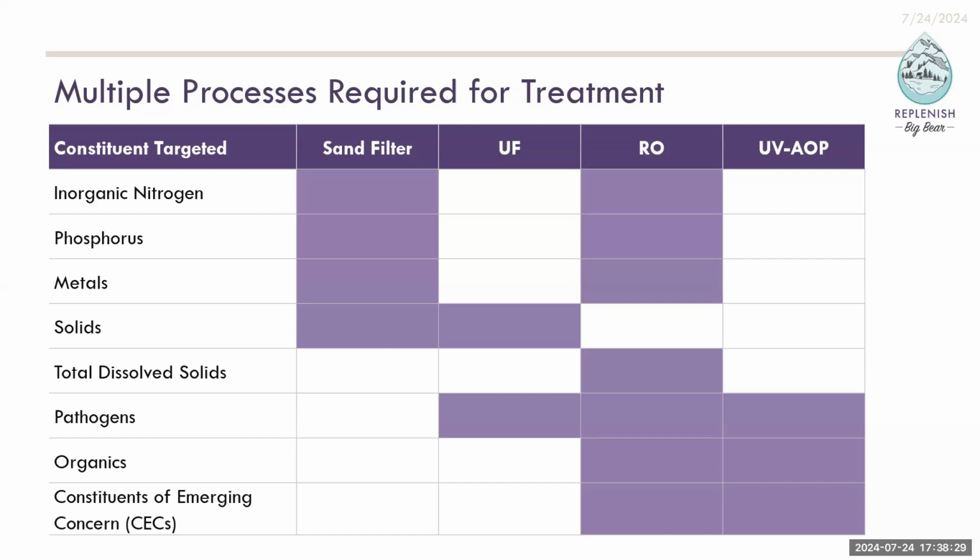The multiple barriers of treatment for advanced treatment trains are necessary for us because of the stringent water quality objectives, but also because of regulatory requirements. We also have to have multiple barriers of treatment for some of these constituents to assure that we have multiple paths and ways of treating this down to the levels we can do.